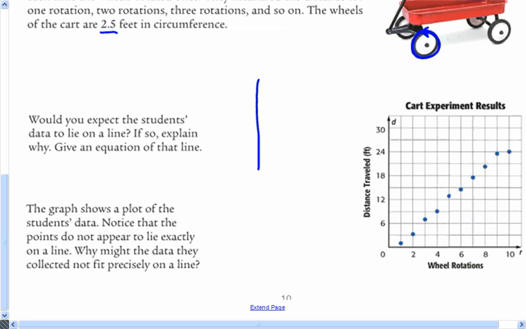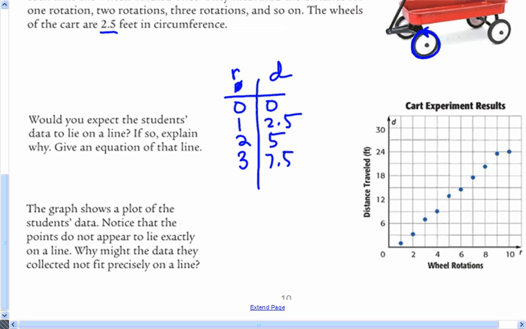So, what I'm thinking is the data should look something like this. If this is the number of rotations, R for rotations, and D for distance, then with 0 rotations, there should be 0 distance, 1 rotation, 2.5, 2 rotations, 5, and so on. That just makes sense.